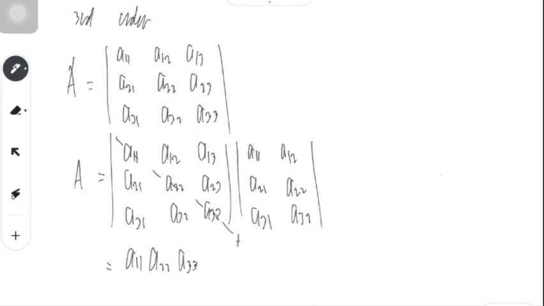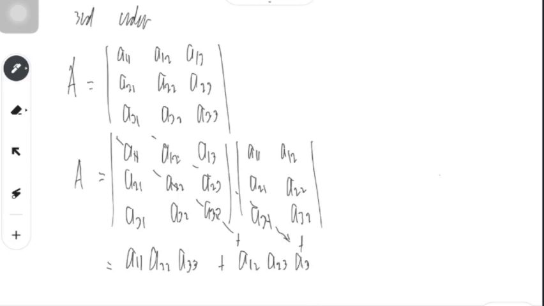Plus the product of these elements, that is A12, then A23, A31. Then plus the next diagonal, we have here A13, then A21, A32.